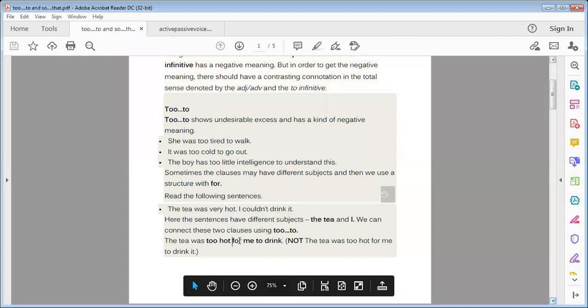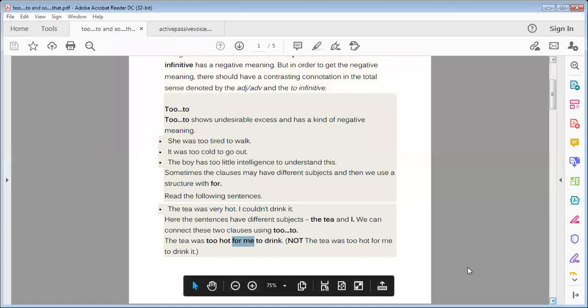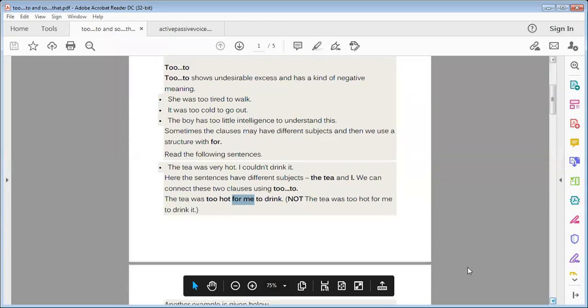Because if you omit this, then we are not including the second sentence. The tea was too hot for me to drink. Clear? Everybody understood where to use for?